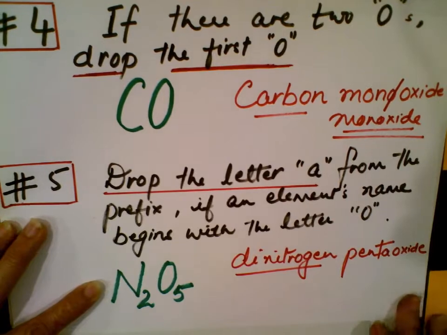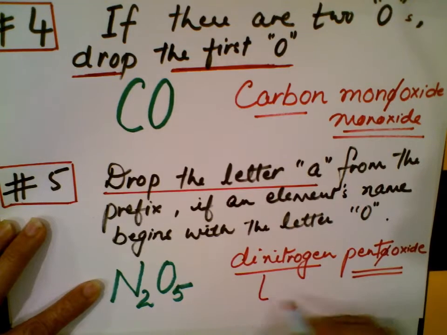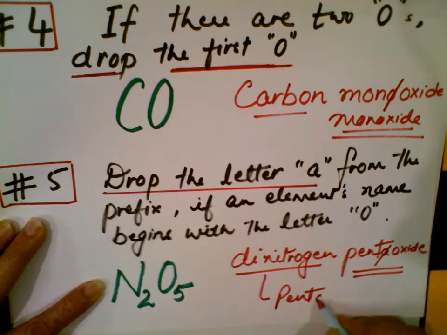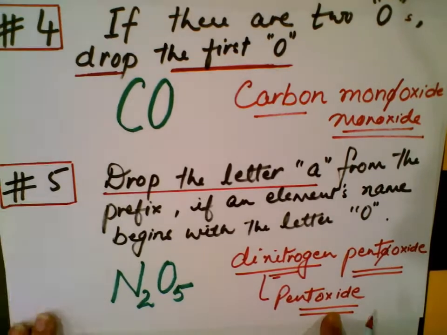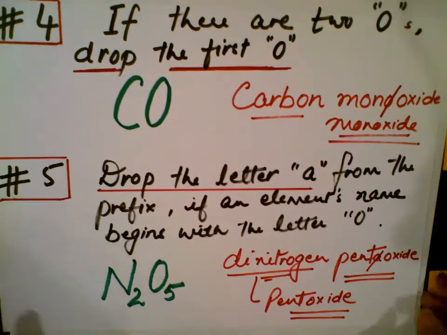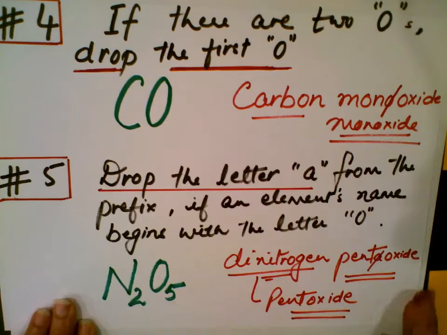But again, we are following the rule, drop the letter A from here. And we have dinitrogen pentoxide. So this is the correct way to name, dinitrogen pentoxide. All right, so these are the 5 rules. Now let's do the learning check to see if you actually got it or not.